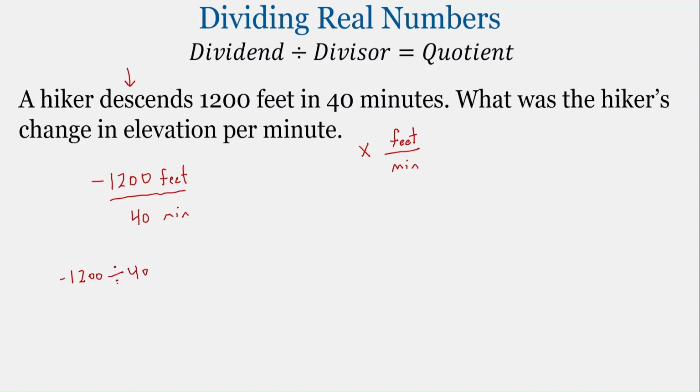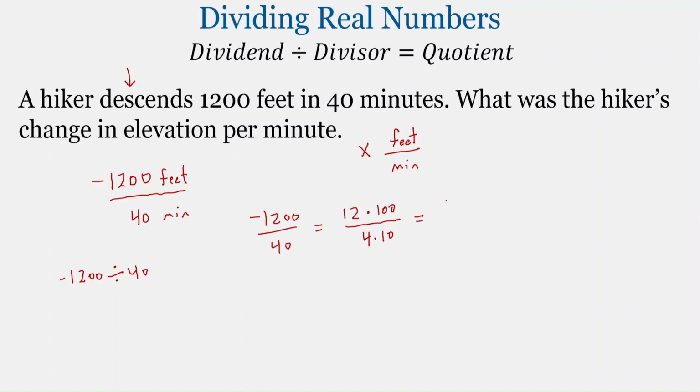So that's the math we're doing. I will go ahead and just simplify fractions. So we have negative 1,200 divided by 40. This is 12 times 100 all over 4 times 10.